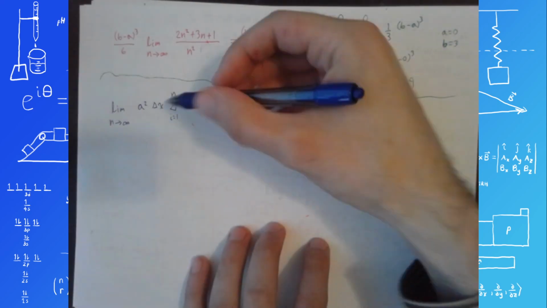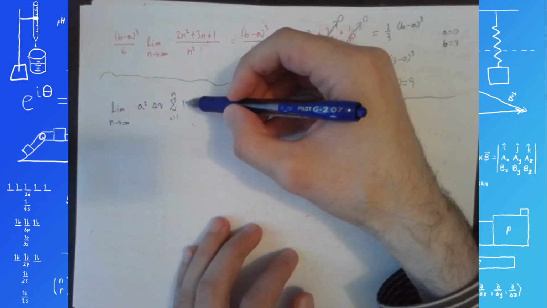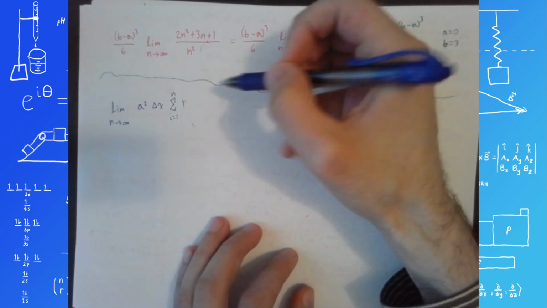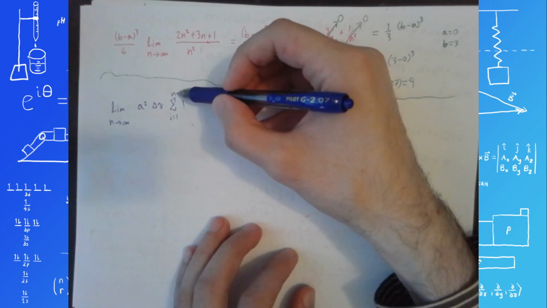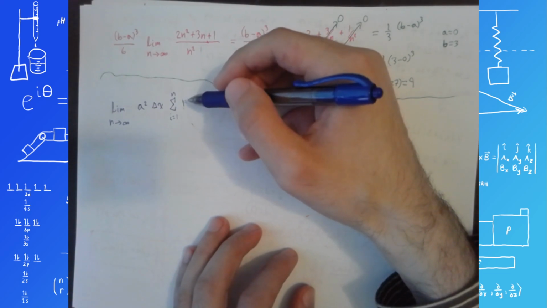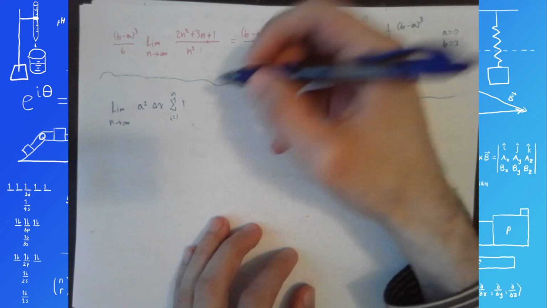Well, what is this sum over here? I would do 1 plus 1 plus 1 plus 1 plus 1, how many times? Up until I've added 1 n times. So n ones would add up to a total of n.